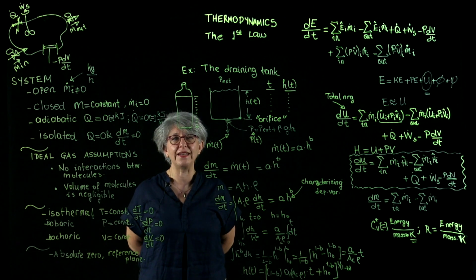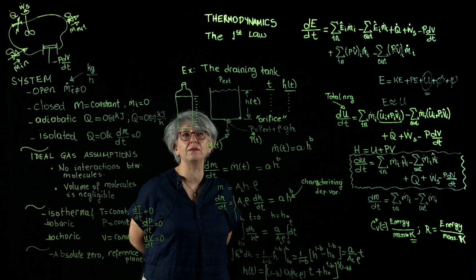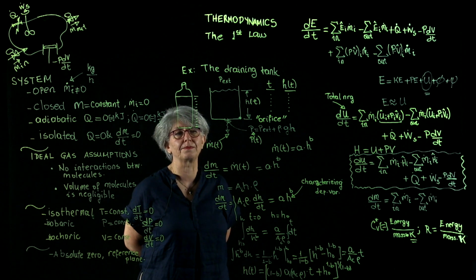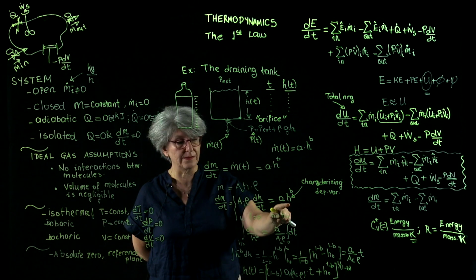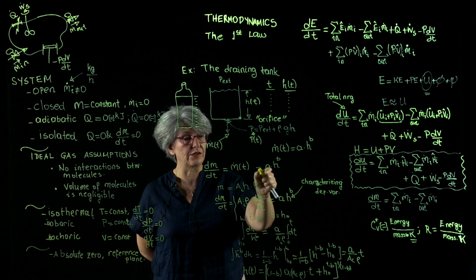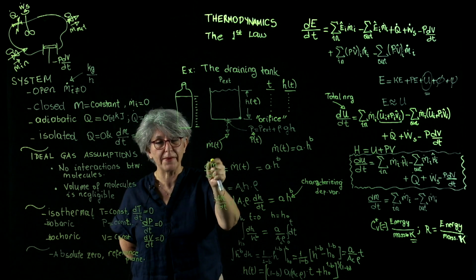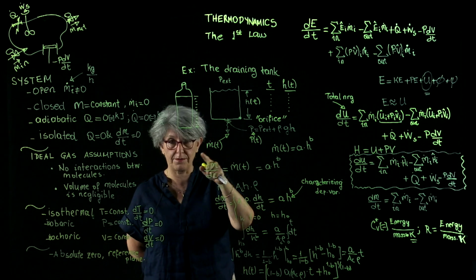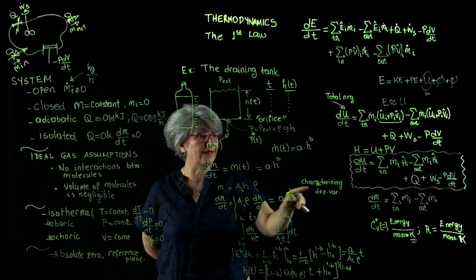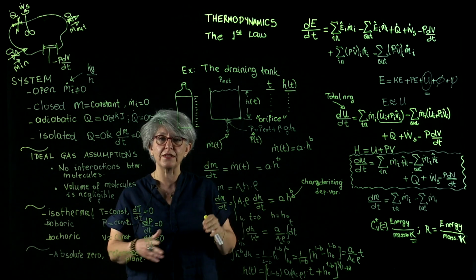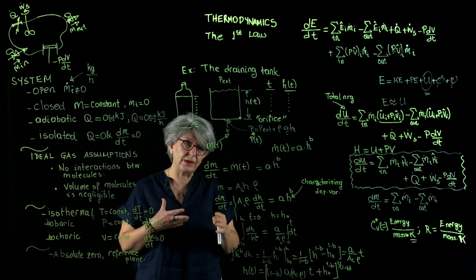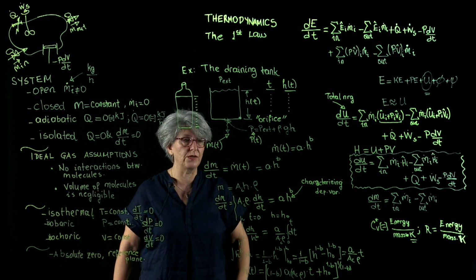So this is the draining tank problem. I attempted this problem only through the material balance. I made an assumption. I converted an equation of the fundamental variable of mass to a characterizing variable of height through the relationships, just like I did for temperature and energy conversions.